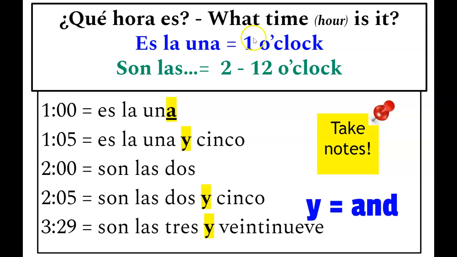But if it happens to be 1 o'clock, you start your sentence like this. Es la una. So when I get to 2, I'm going to use son. Son las dos and add my minutes, y cinco. Here's 3:29. Son las tres y 29. Y means and.